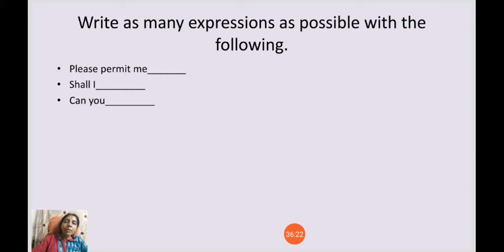The first is please permit me, and a blank is there. You can fill the blank with as many expressions as suit there. Then shall I, then can you. Take a few minutes time.